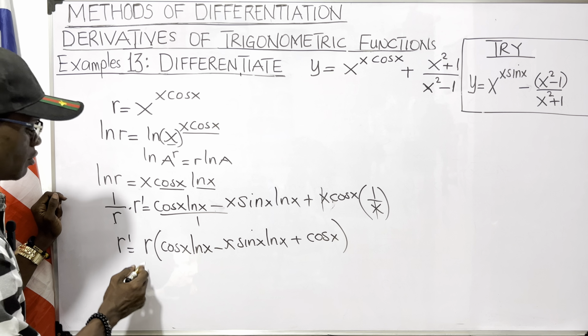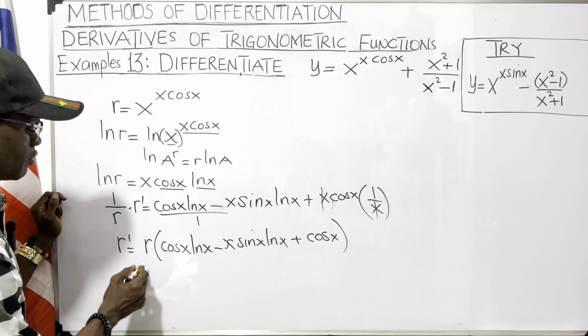Now let's differentiate the second term. We could call this p, let p equal x squared plus 1 all over x squared minus 1. P prime, the derivative of p, we can use the quotient rule. We hold on to the denominator x squared minus 1 and differentiate the numerator.